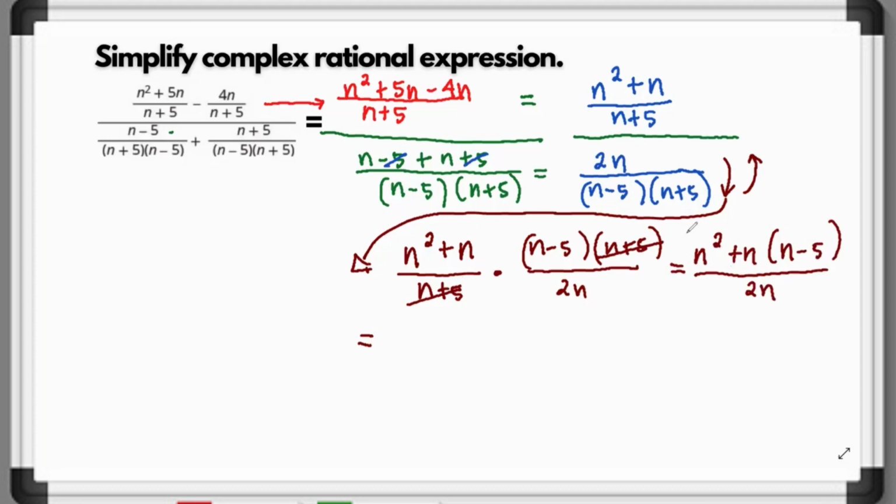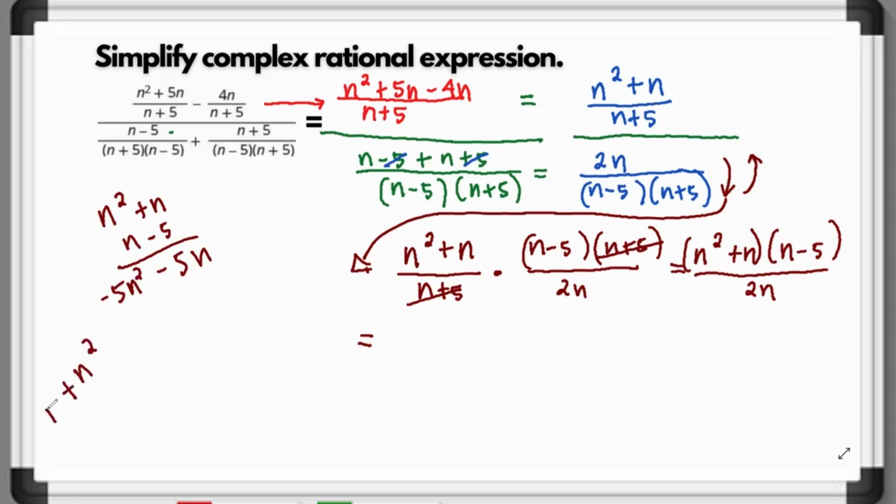Okay. Let's expand this. n squared plus n times n minus 5. So, negative 5n, negative 5n squared. Then, positive n squared.